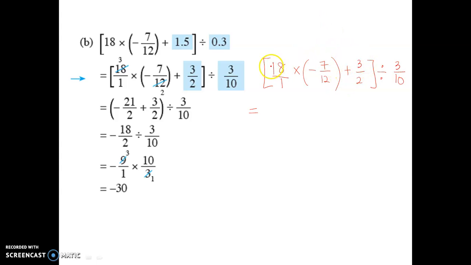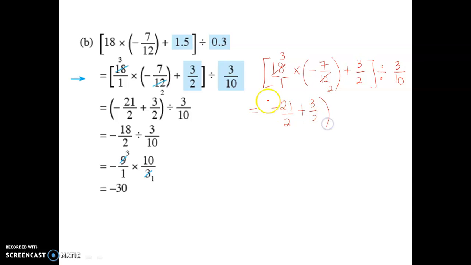Everything inside the bracket you have to solve. Inside the bracket you have multiplication and addition. You have to solve multiplication first, then you plus 3 over 2. For this multiplication, you can see 18 and 12 both can be divided by 6. 6 times 3 you get 18, 6 times 2 you get 12. Now what's left is 3 times negative 7, you will get negative 21. 1 times 2 you get 2, and then plus 3 over 2.